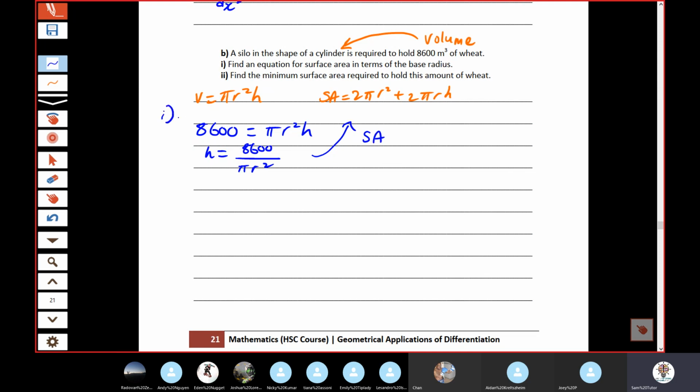You found the surface area in terms of just radius, just r. Pi and pi cancel, r and r squared cancel. 2 times 8,600 is 17,200 on r. Make sure, 17,200 on r. Yep. Done. Usually worth 2 marks in your exam.